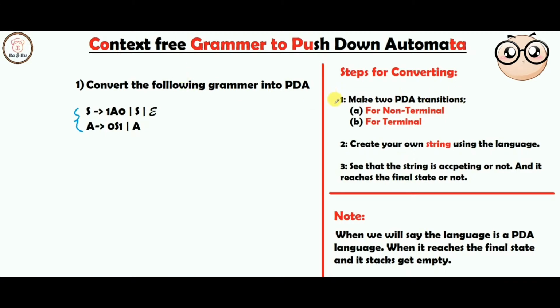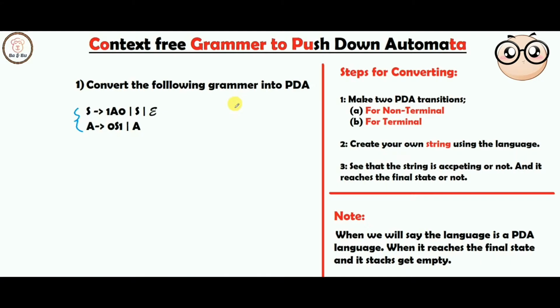In step number 1, we have to make two kinds of PDA transitions, for non-terminals and for terminals. So what are non-terminals and what are terminals?